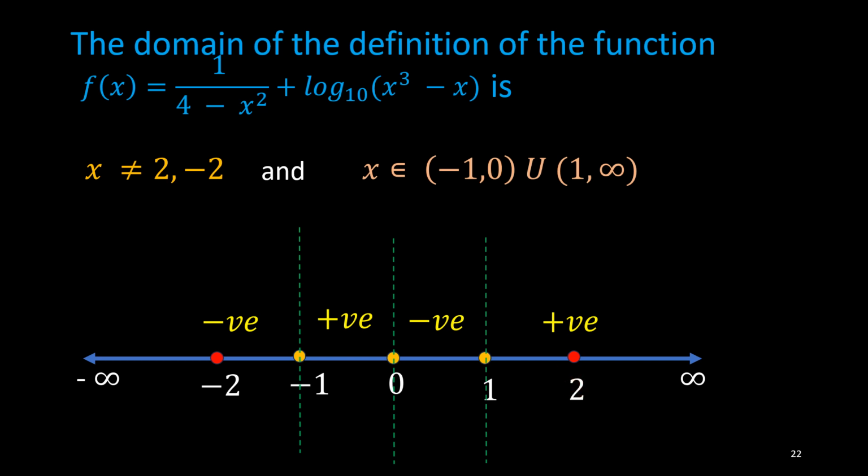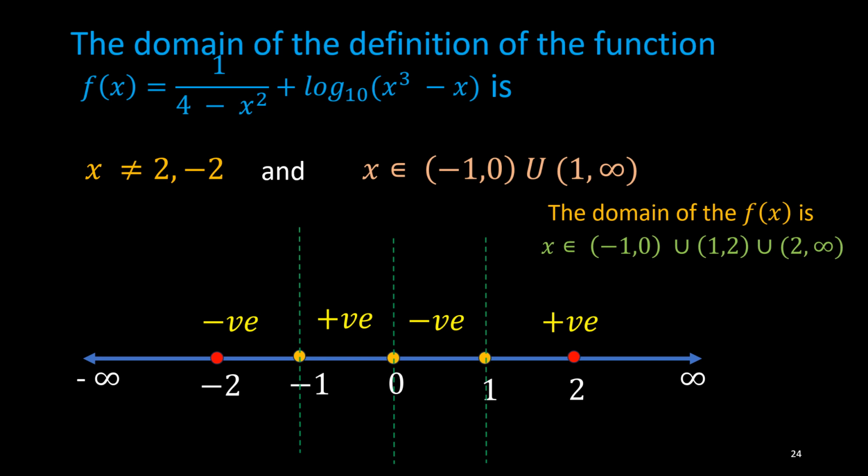So now we can define the domain of the function f of x as: x is an element of, belongs to, -1 to 0, that is fine, there is no problem at all. But here we will modify 1 to infinity. I will consider these two separately, 1 to 2 and 2 to infinity, taking one union.